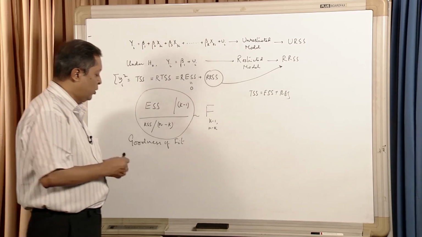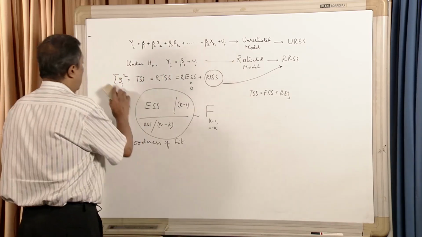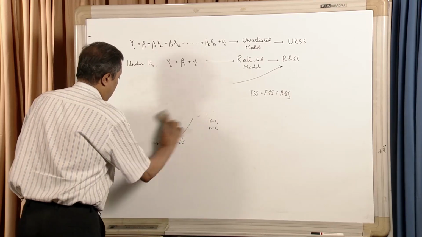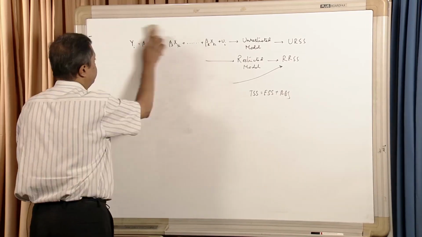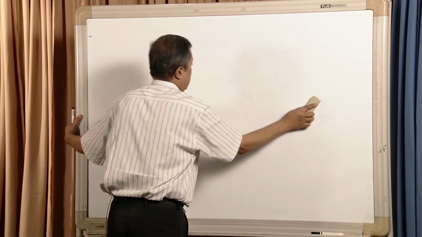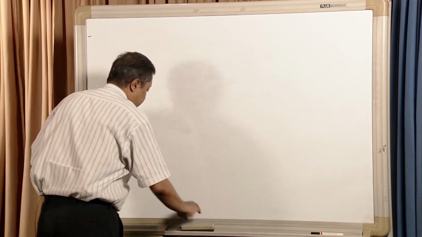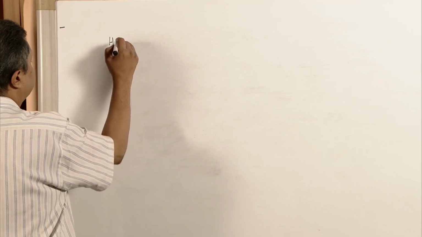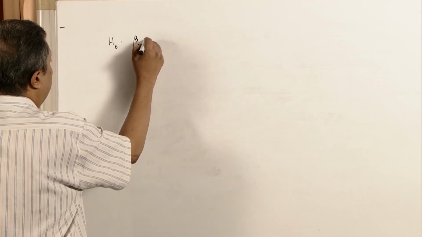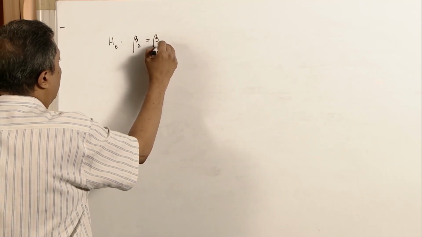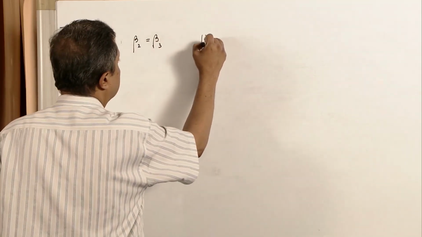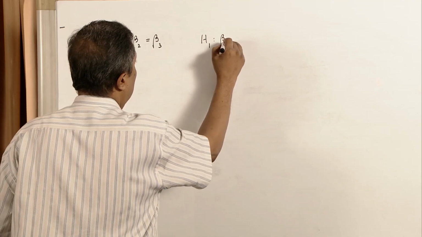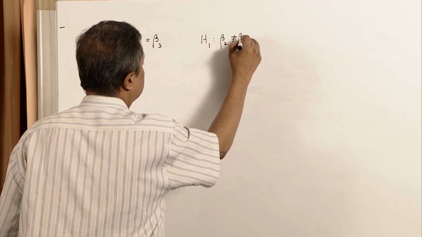Similarly, I am going to show one or two more examples of how we do this restricted-unrestricted approach. Supposing we have H naught: beta 2 is equal to beta 3, and H 1: beta 2 not equal to beta 3.